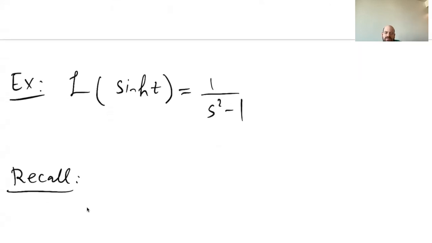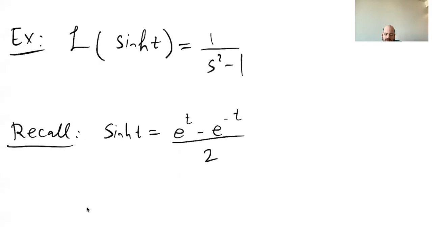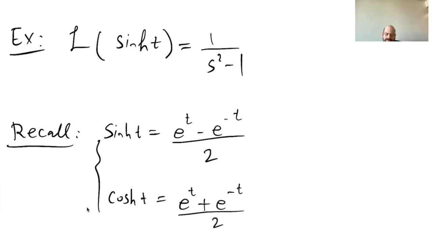What was the definition of sine hyperbolic t? Sine hyperbolic t can be written as e to power t minus e to power minus t, divided by 2. And cos hyperbolic t can be written as e to power t plus e to power minus t, divided by 2.